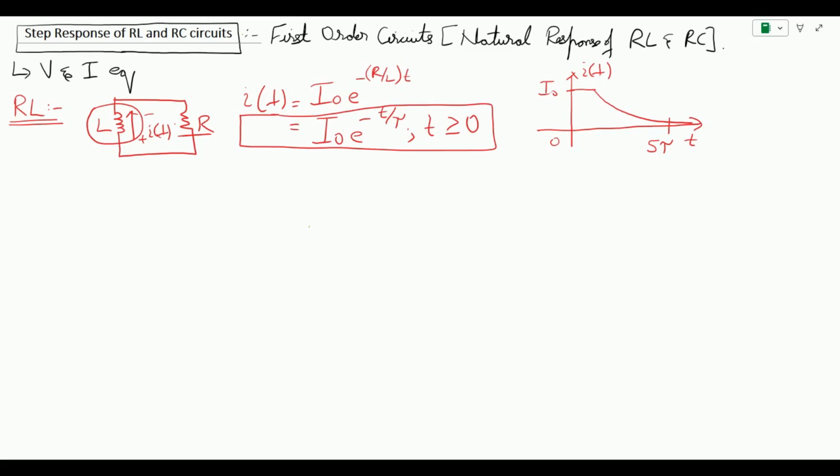Now let us see what happens when we suddenly apply a source to the RL network. So let us say that we had our inductor in the natural response and all of its energy got released and it has come back to its electrically neutral state, and then suddenly we apply a voltage source to this circuit, and now we want to see how this inductor is going to behave in terms of the arising voltages and currents.